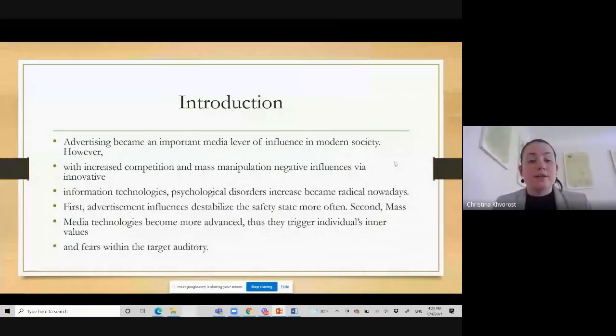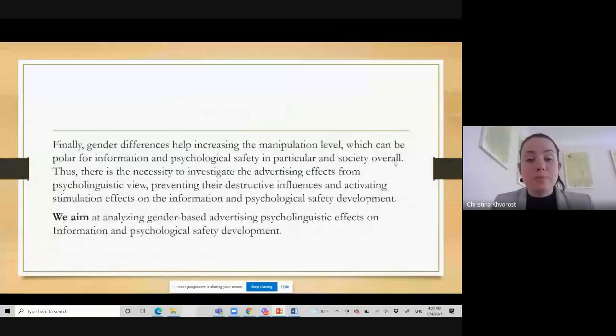And finally, gender differences help increase the manipulation level, which can be polar for information and psychological safety in particular, and society overall. Thus, there is a necessity to investigate the advertising effects from a psycholinguistic view, preventing their destructive influences and activating stimulating effects on the information and psychological safety development.